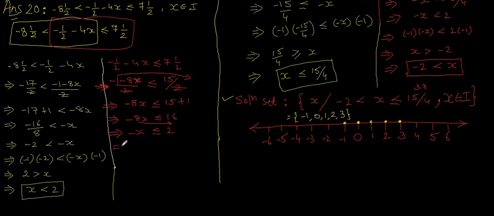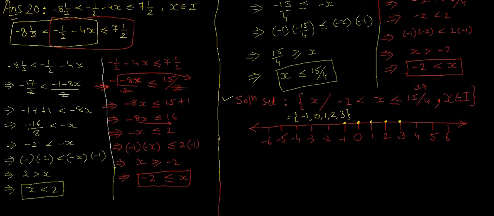Now multiplying both the sides with minus 1, we get x, the sign changes, becomes greater than or equal to minus 2, which you can say is minus 2 less than or equal to x. So I got 2.